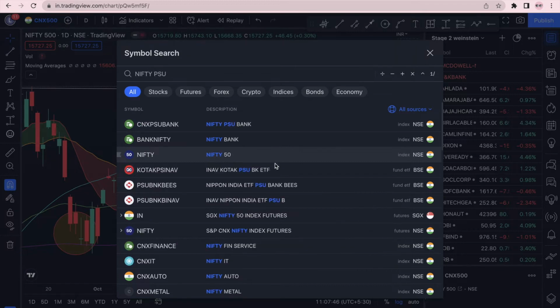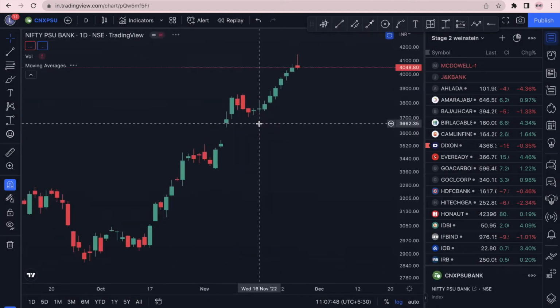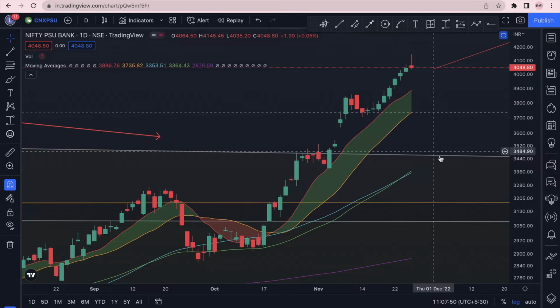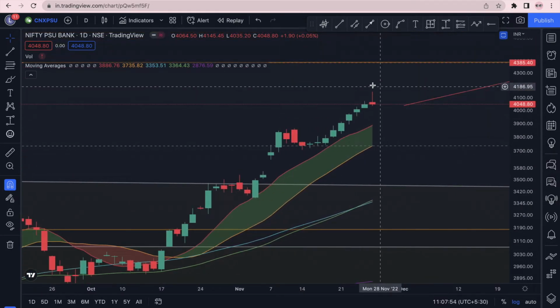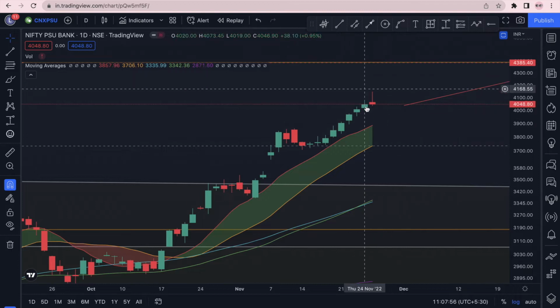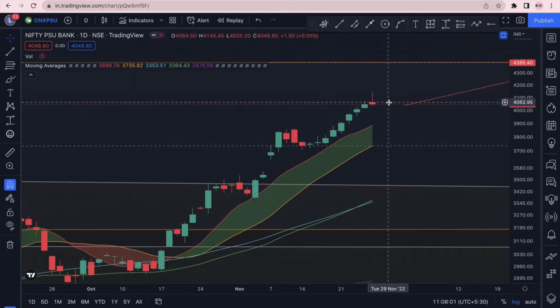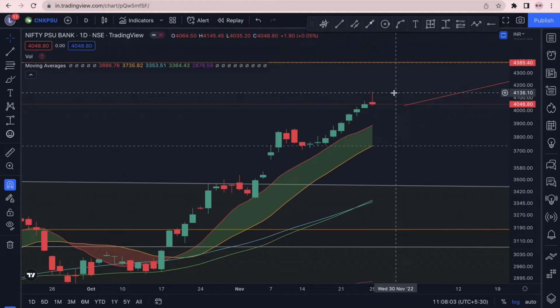Nifty PSU. So what I saw in Nifty PSU this Friday was a candle called a shooting star. Okay, so a shooting star, as I've already described, has a tail on the upside. What does this mean? This means that there's a huge supply. I don't know if it's huge, but some sort of supply at 4,140 levels.